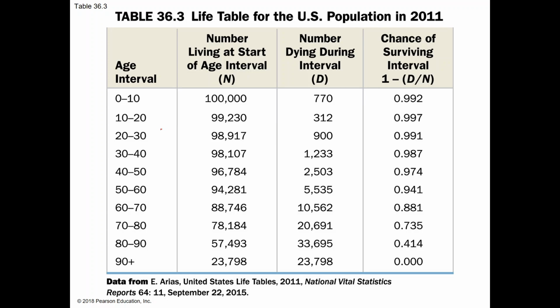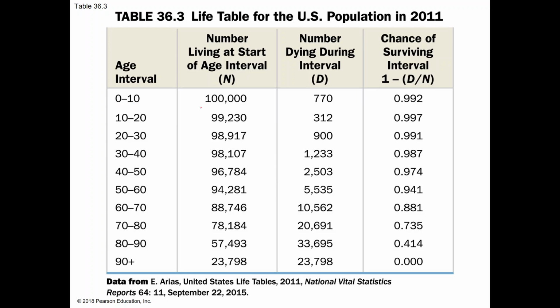So the chances of an individual in a given population surviving to various ages. Basically, this is the U.S. population for 2011. This would look quite different for an area in a developing country. So this is just telling us these probabilities. This is the likelihood that an individual will live from between 0 to 10 years old.